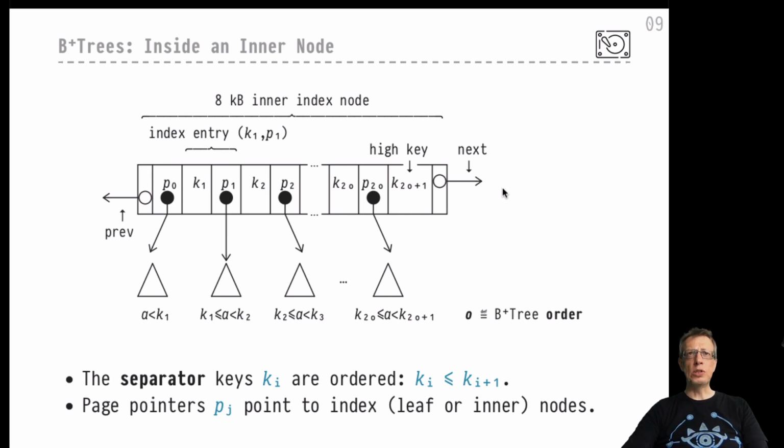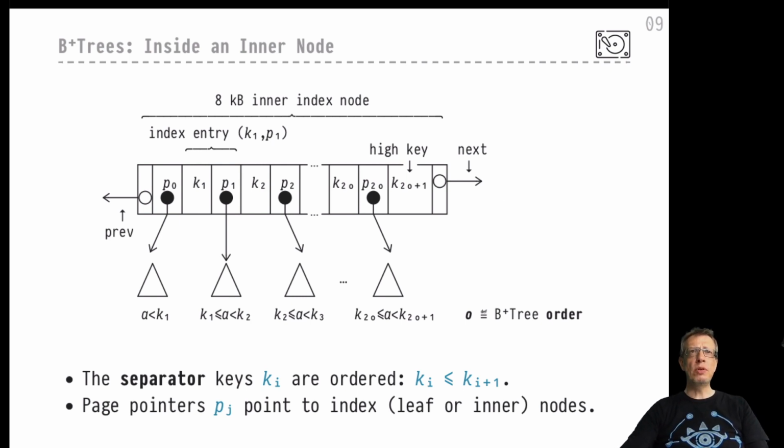This can also be useful to support update operations inside the B+Tree. We will briefly touch on that later on, but otherwise we will largely ignore these next and previous pointers on the levels of the inner nodes. They are of course crucial in the sequence set on the leaf level.